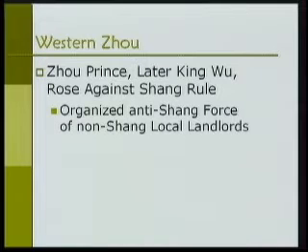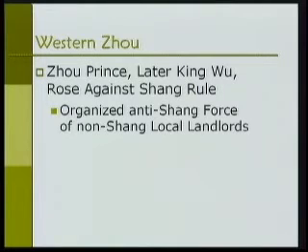and he could not do it himself. So he put together an anti-Shang force of non-Shang people in the region. He invited other non-Shang local landlords to bring their forces, and let's fight together against this brutal Shang ruler or Shang king. So keep in mind, the Zhou could not do it themselves.